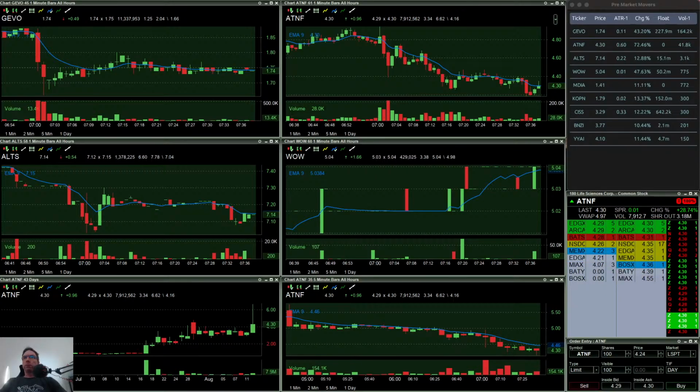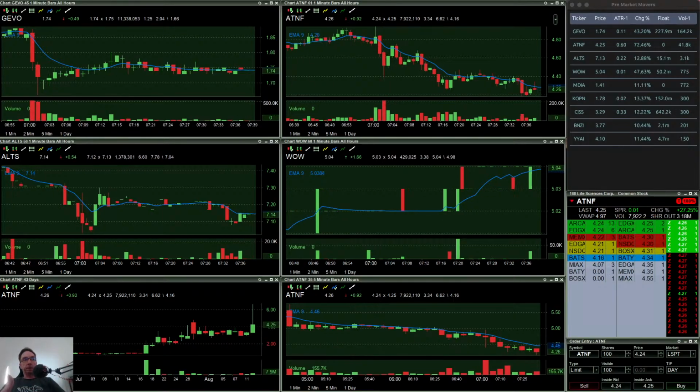When the Momo kicks off and gives you a trigger, there'll be a setting where you can put in how much you're looking to risk per trade. Like, I only want to risk $100 per trade, and then it'll tell you this is where the entry is, this is where the stop is, and this is how many shares you should get if you only want to risk around $100.